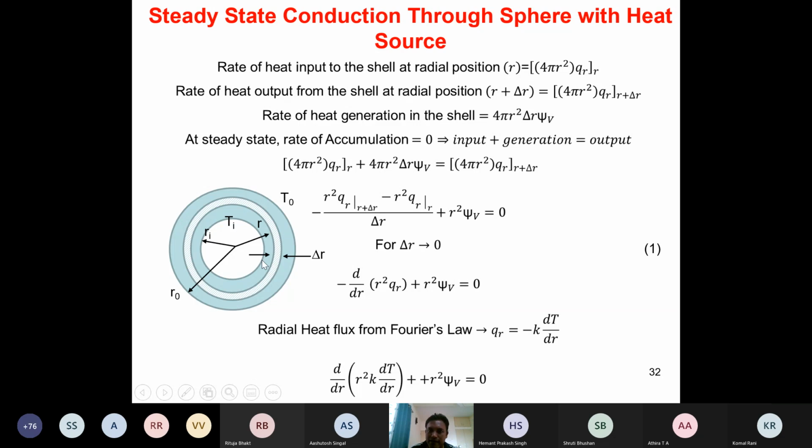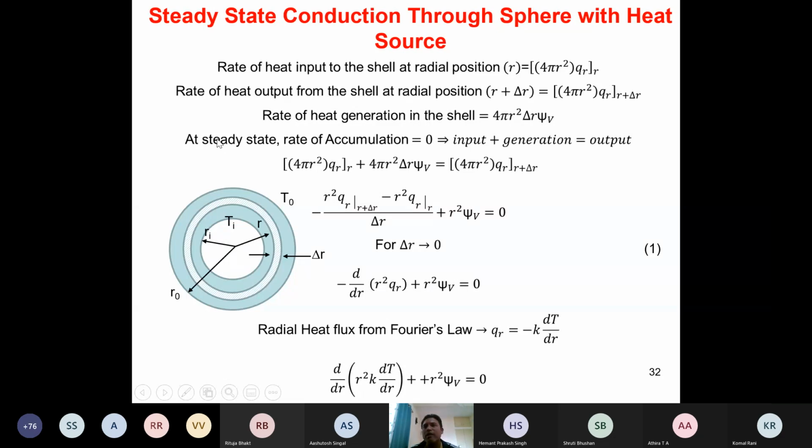We need to make a shell balance, and the rate of heat input to the shell at the radial position R we can write as the surface area times the heat flux. So that becomes 4 pi r square QR at R. Similarly, the rate of heat coming out from the shell at the radial position R plus delta R is going to be 4 pi r square QR at R plus delta R. The rate of heat generation in the shell is the volume times the volumetric rate of heat generation. So that becomes 4 pi r square delta R psi V.